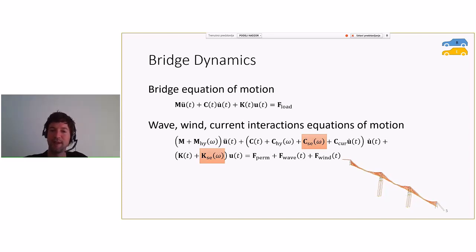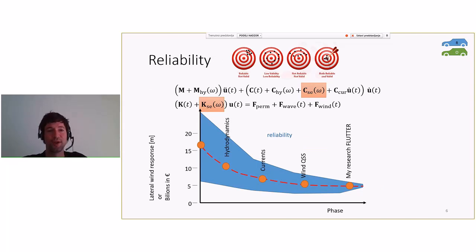As you will see, there are a variety of possibilities for how we are able to simulate those effects. My research particularly proposes to improve these two parts in order to get more representative solutions.